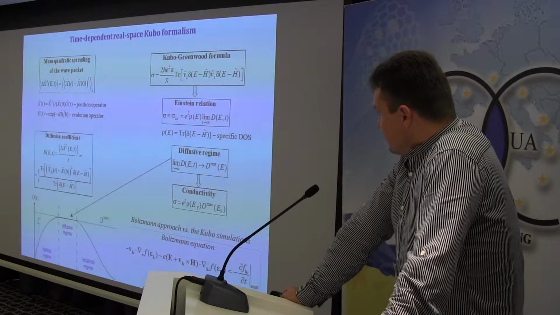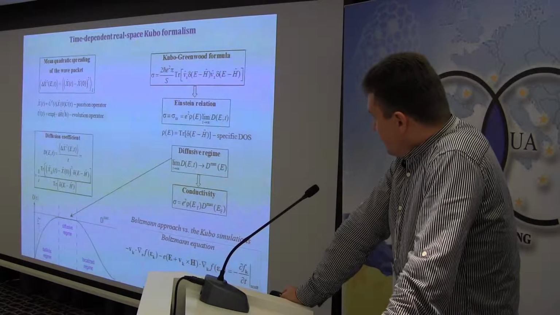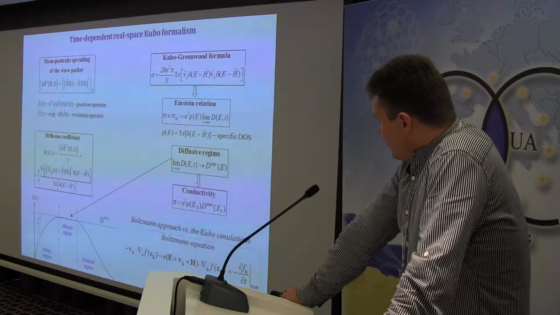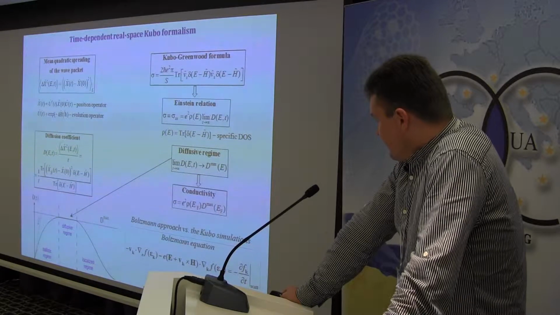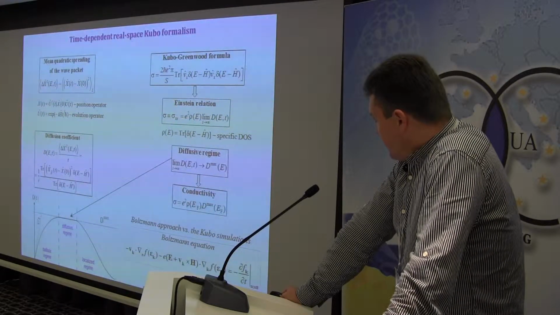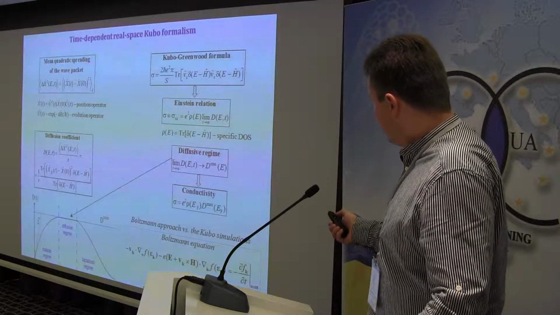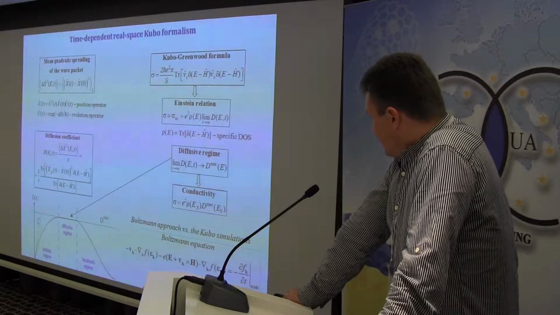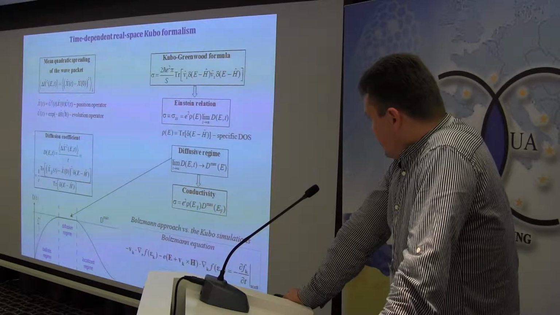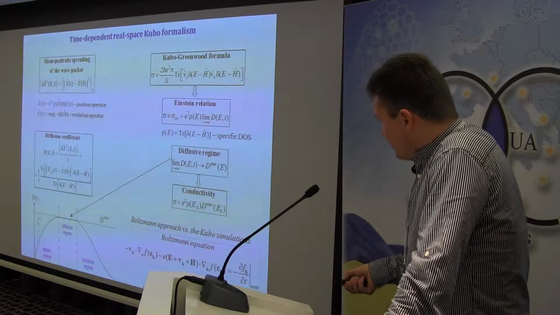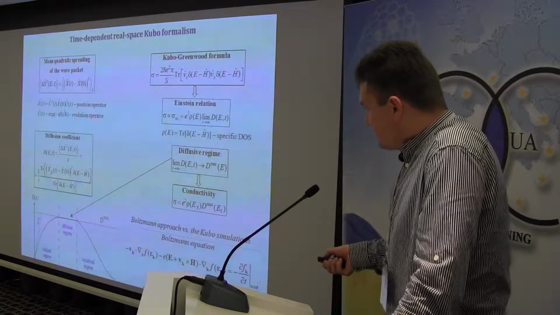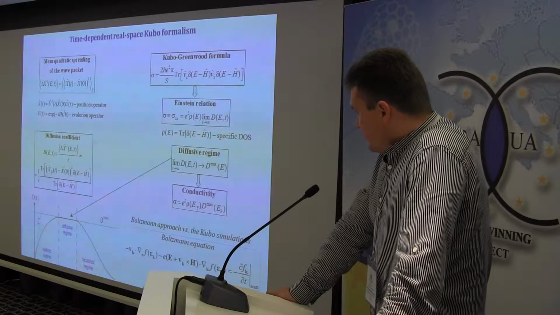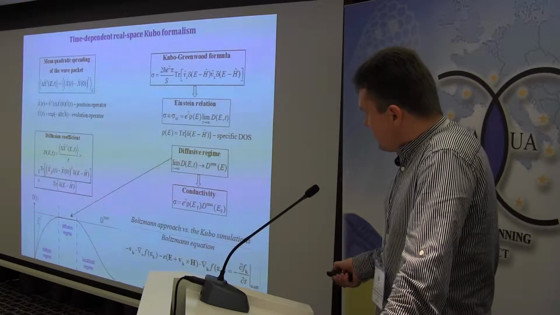The central quantity of this method is the mean quadratic spreading of the wave packet. You see the formula for this value. Also we use diffusivity or diffusion coefficient for electrons, and after some mathematics using the Kubo-Greenwood formula, we obtain the same as the Einstein relation. And then we work in a diffusive regime where, for example, Ohm's law works, and in general the evolution of the diffusion coefficient of electrons passes through some regimes.